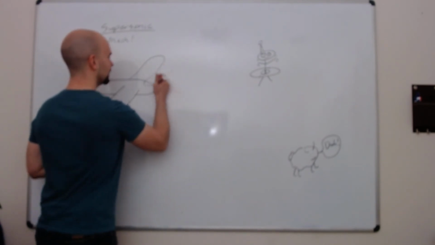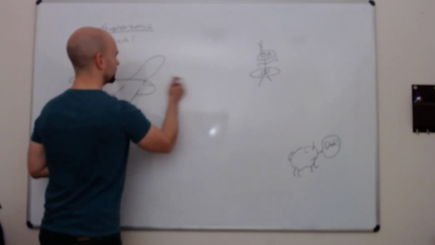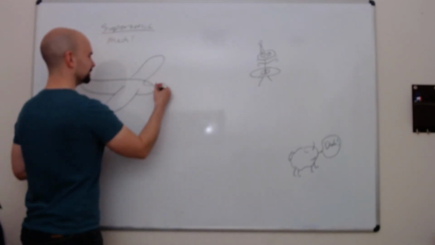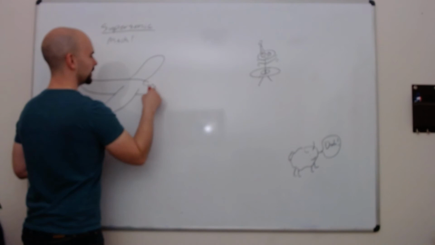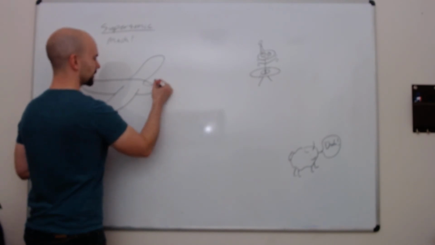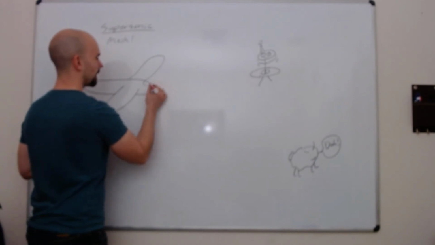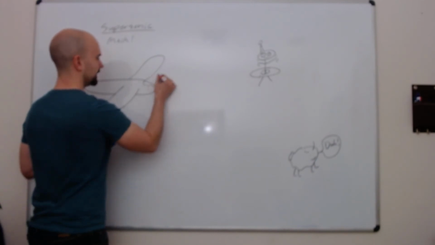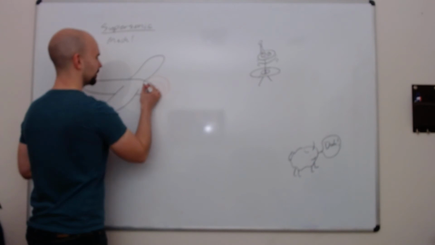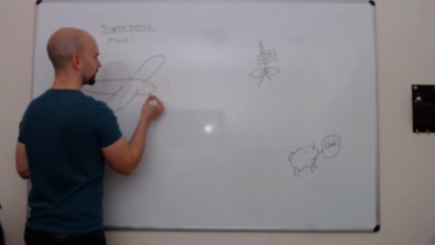Let's say there's noise at the tip of the plane. The sound waves would just be emanating out in circles, all around, nice even circles, traveling outward, propagating in every direction.